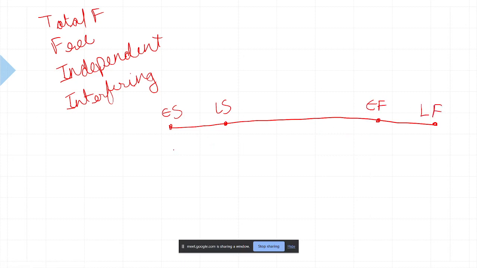So let the activity length be this much. This is the activity duration, right? Early start to early finish. Now on this timeline, can you tell me what is the free float?